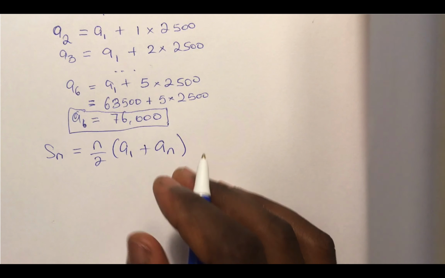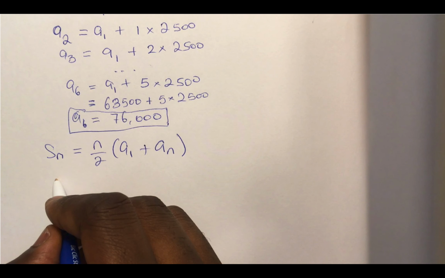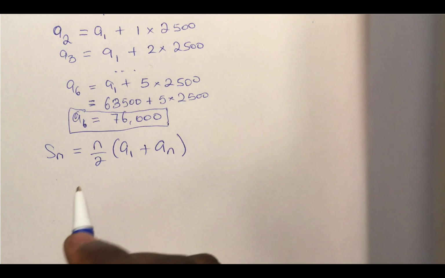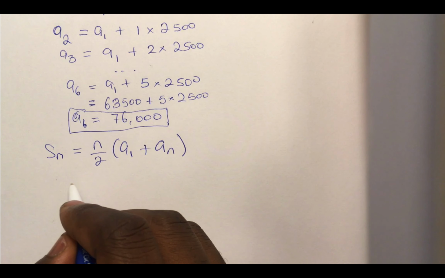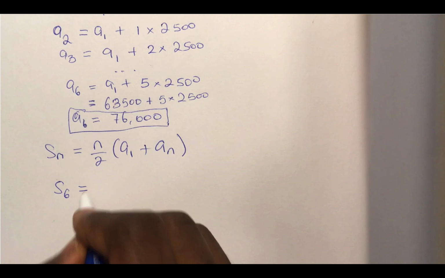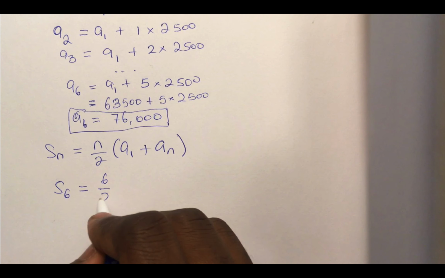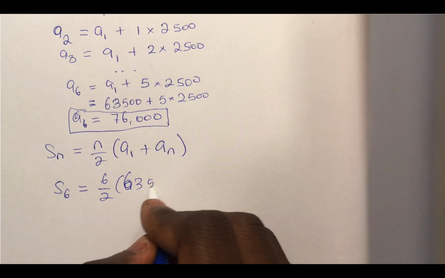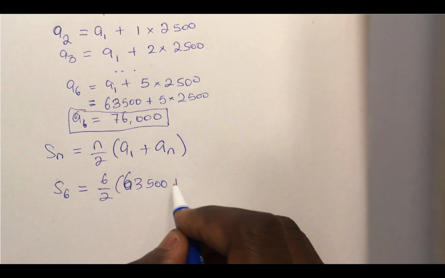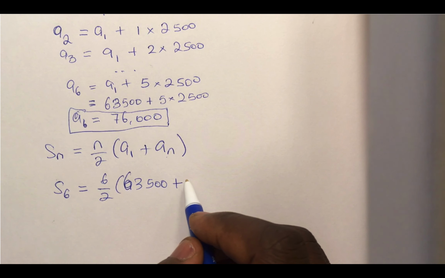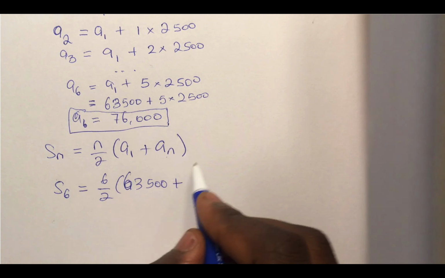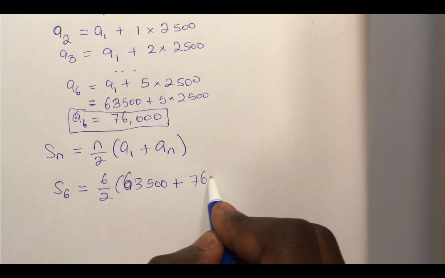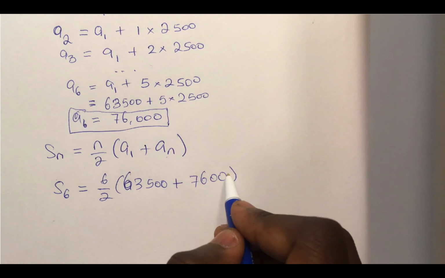Given we have this formula and we're looking for the total compensation throughout the 6 years, S of 6 equals 6 over 2 times A of 1, which is 63,500, plus A of 6, which is 76,000.